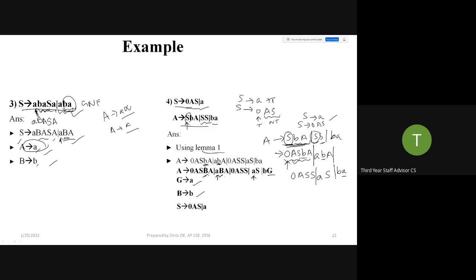Here also we have the non-terminal B. Okay, so this is how we convert to Greibach normal form. The conversion goes like this. Is it clear?